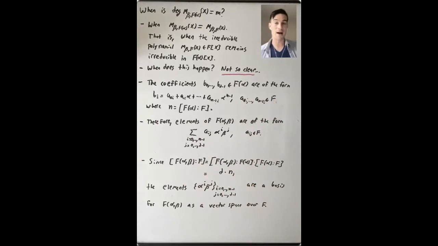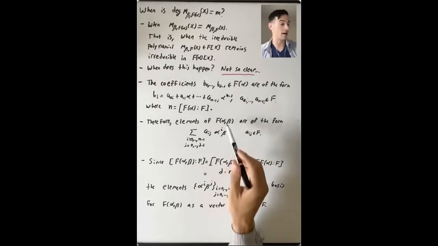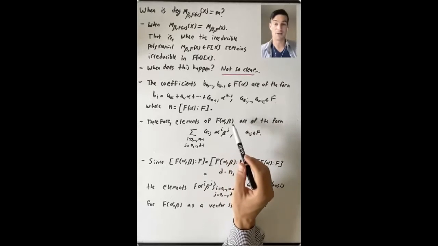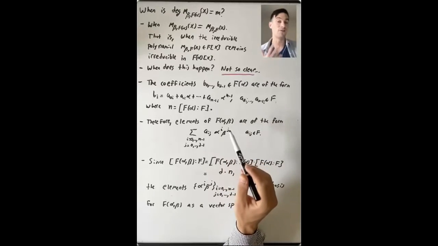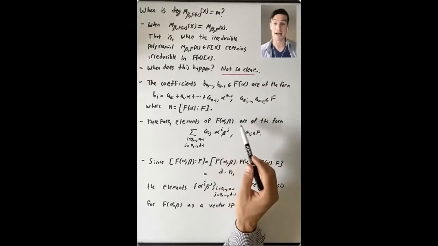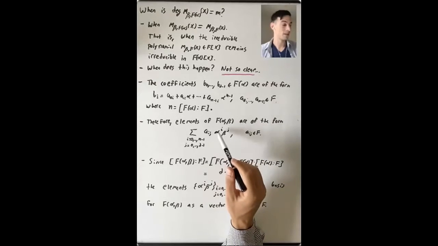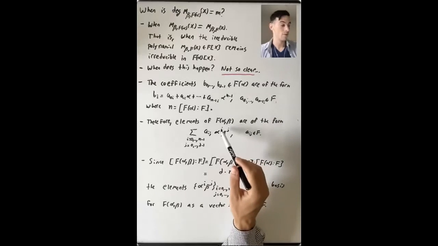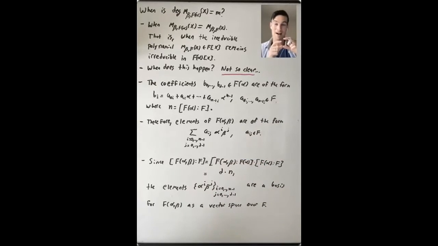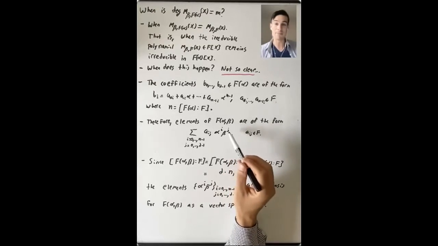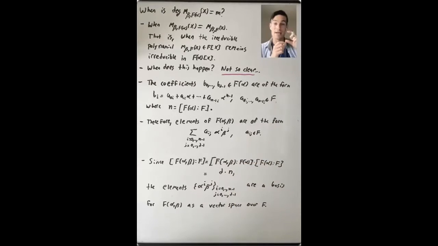And you can think about how you would adapt this idea from the field generated over F by 2 elements to, say, the field generated over F by 3 elements. Now you'd have powers of each of those 3 elements, where you think of your extension in terms of a sequence of simple extensions, and the power that you go up to is the degree of each of those pieces.